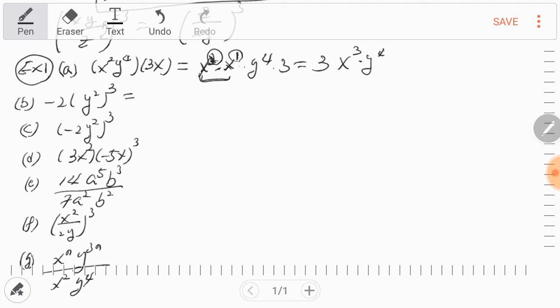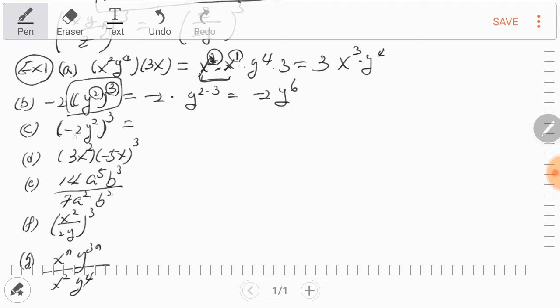Number 2 is negative 2 times an exponential form. So this is a power of another power. Power of another power, then what do we do? Multiply the powers. 2 times 3, then y to the 6th power. Okay, the next one. Look at the base.